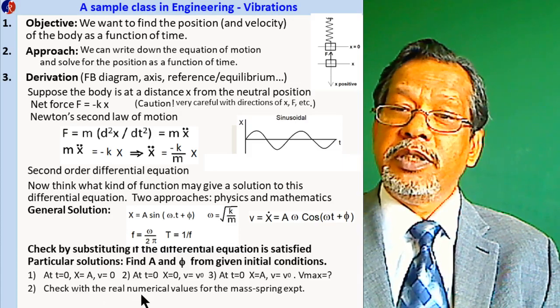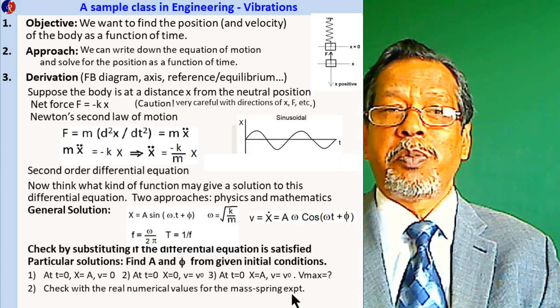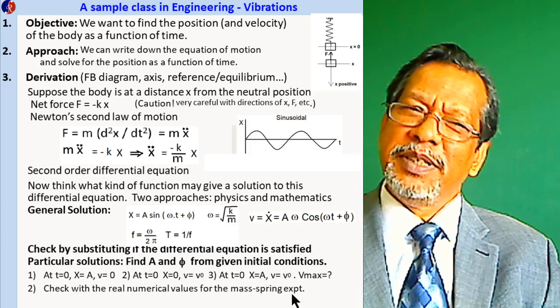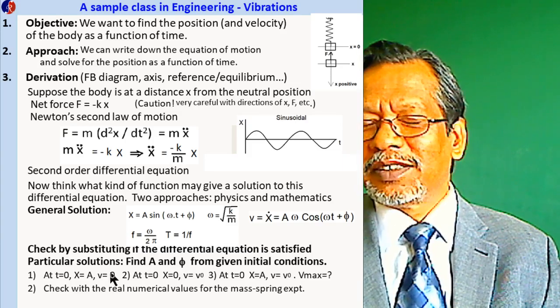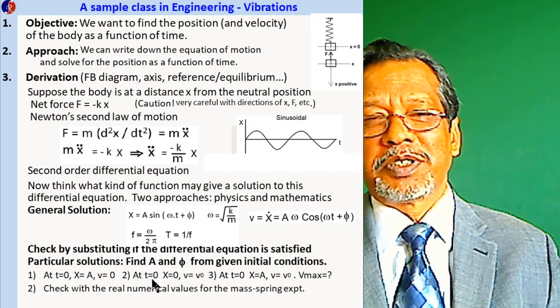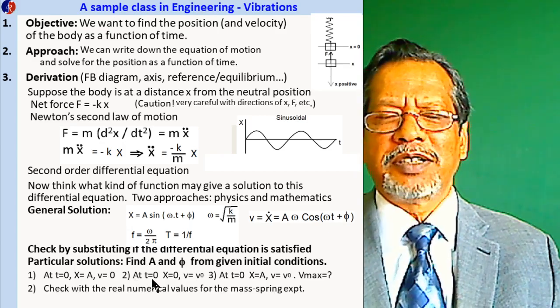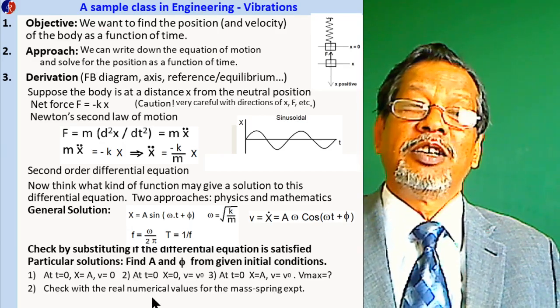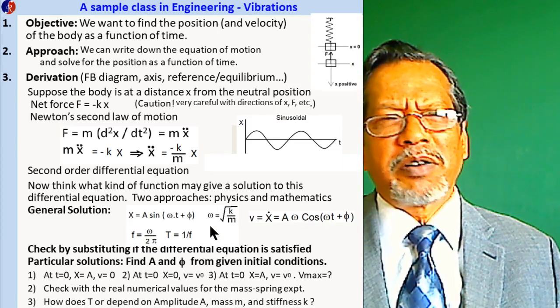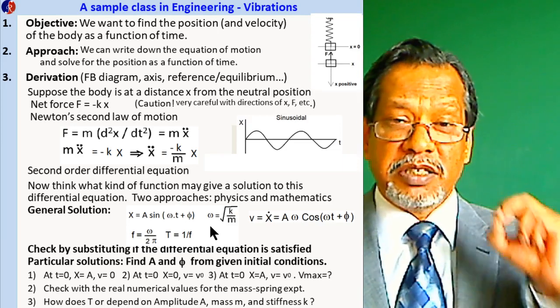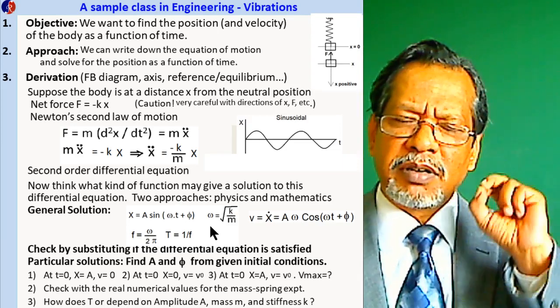Let's check with the real numerical values for the mass-spring experiment. If you have brought the hardware, please measure it and ask them to solve exactly the same problem with real numbers. How much is the mass? How much is the spring constant? They'll be excited. Just A, B, C, D, sine, cosine, etc. is not enough. In engineering, you need the real values with the correct unit and correct sign.